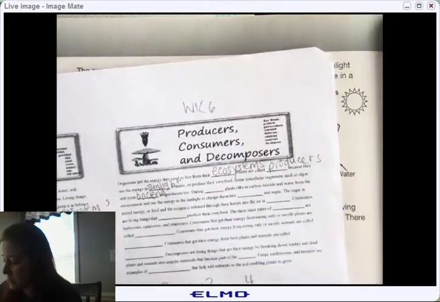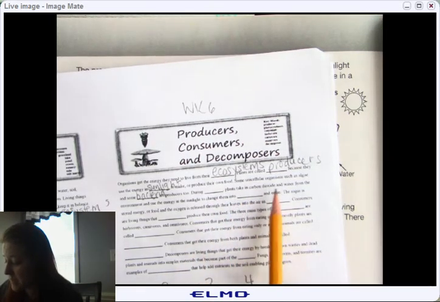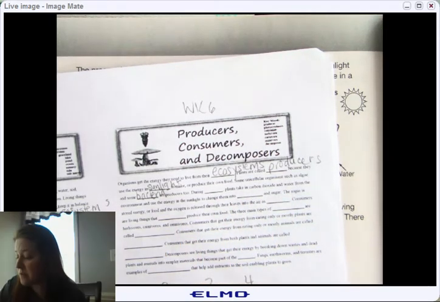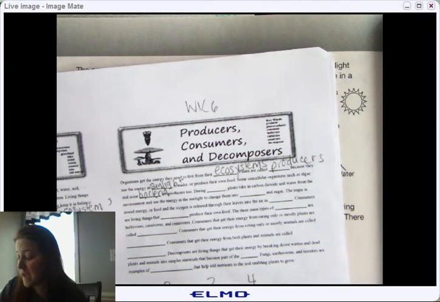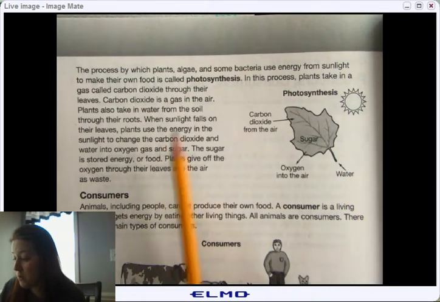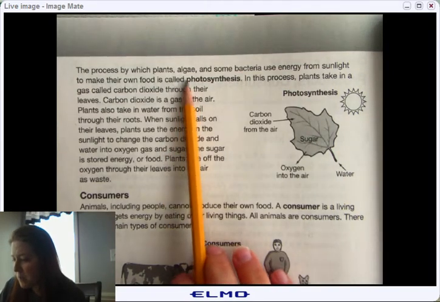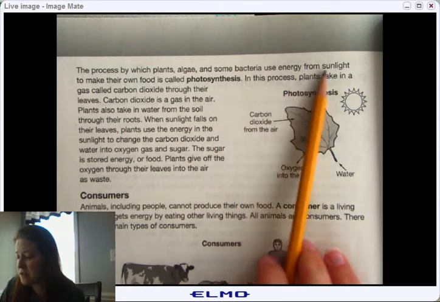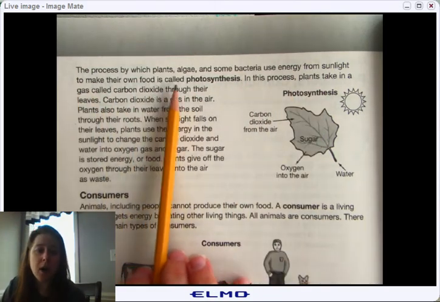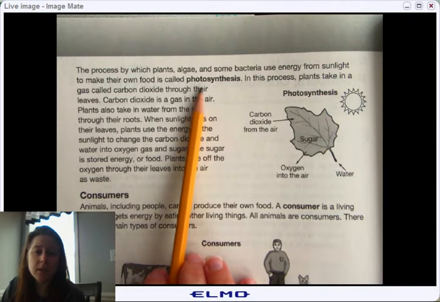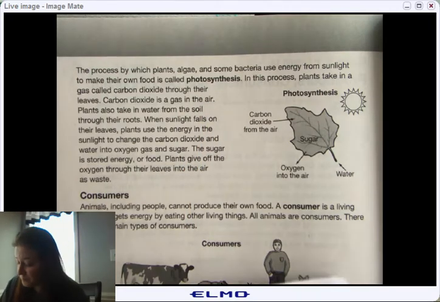So, during photosynthesis, plants take in carbon dioxide and water from the environment and use the energy in the sunlight to change them into oxygen gas and sugar. The process in which plants use energy to make their own food is called photosynthesis.